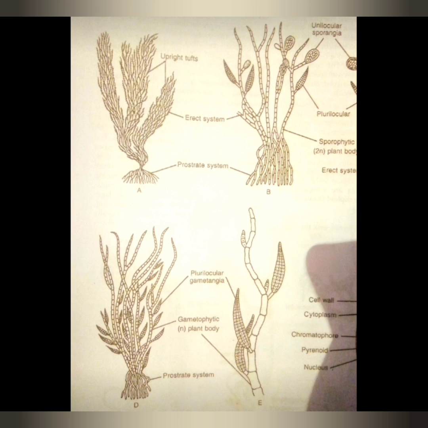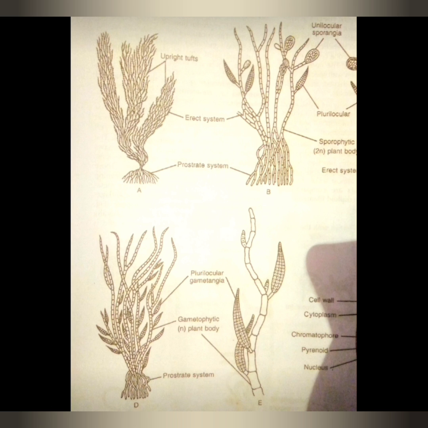Morphologically, as I had already mentioned, both the haploid and diploid filaments are almost alike, identical. But the cells of the haploid filaments are usually comparatively shorter in length than the diploid filaments. Diploid means having 2n chromosomes, and haploid means having n chromosomes.